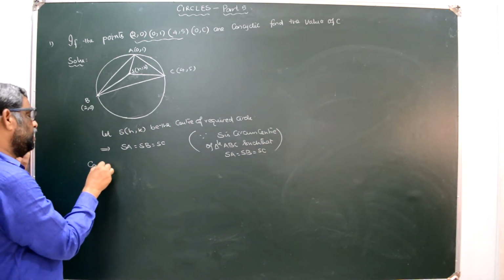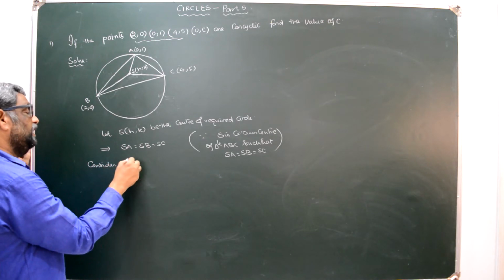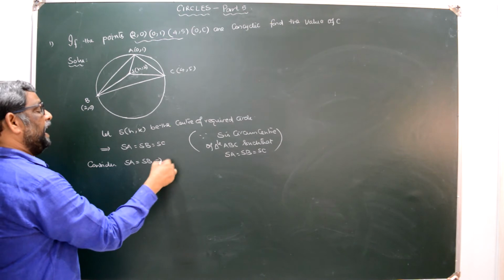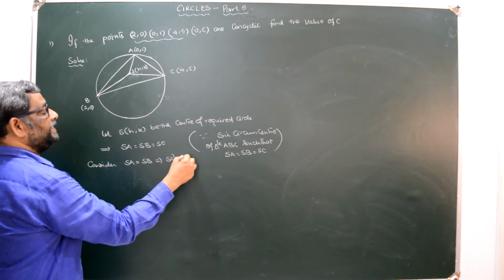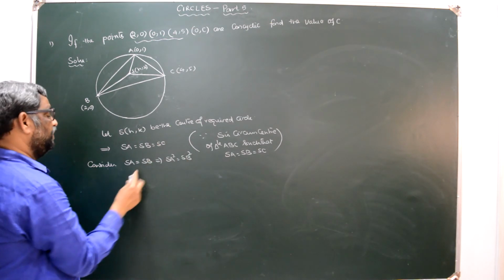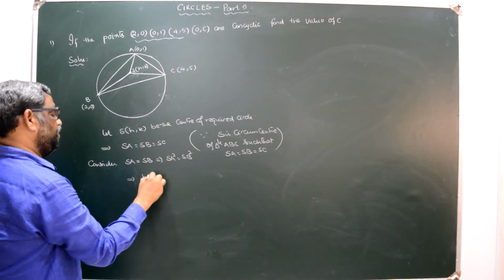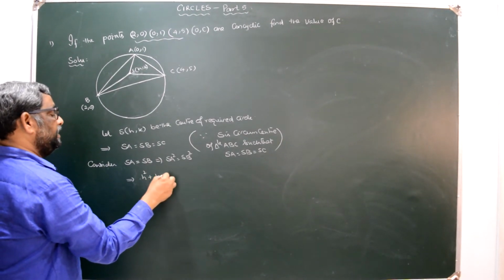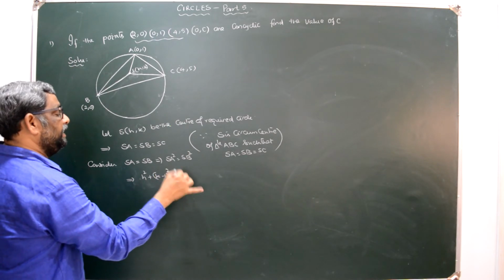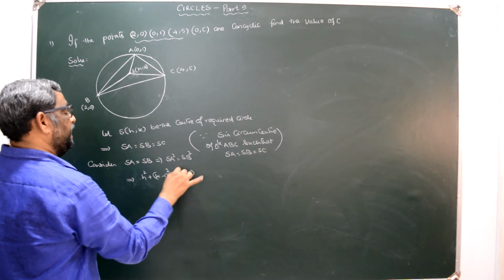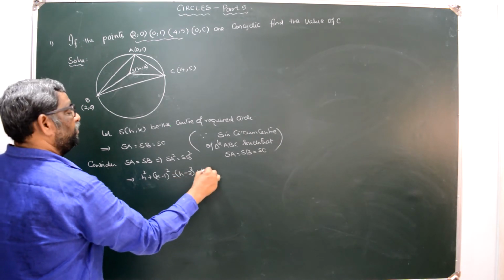Now consider SA equal to SB, which implies SA square is equal to SB square, which implies (H minus 0) whole square plus (K minus 1) whole square is equal to (H minus 2) whole square plus K square.